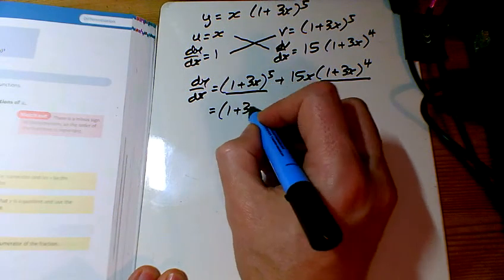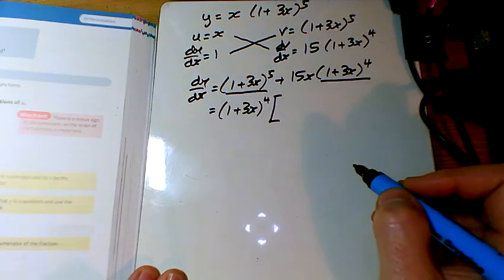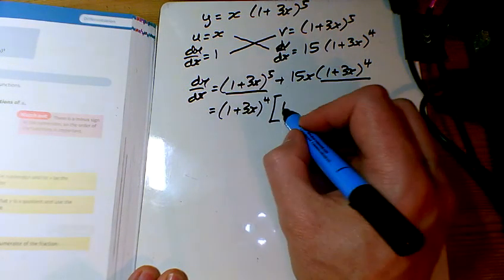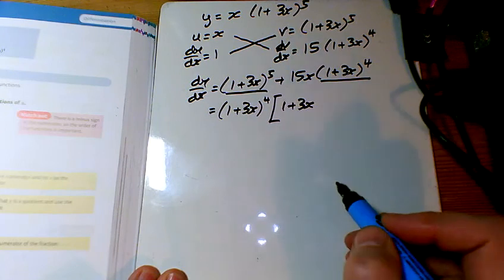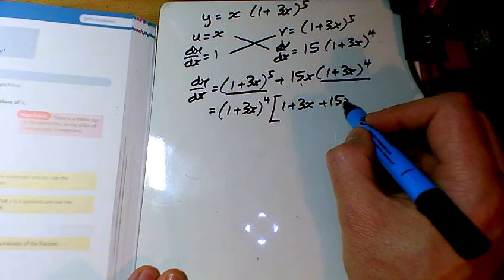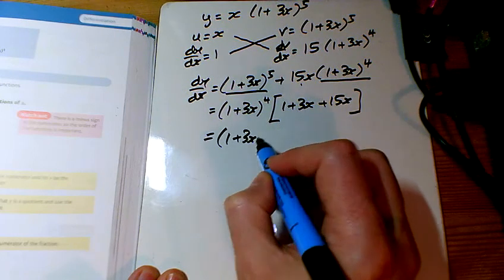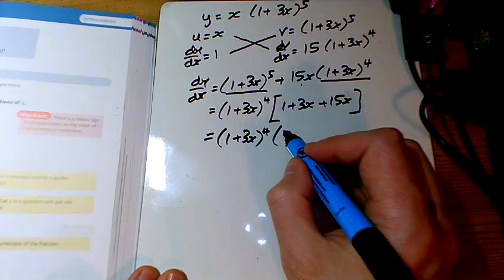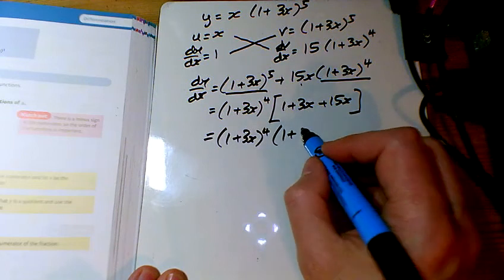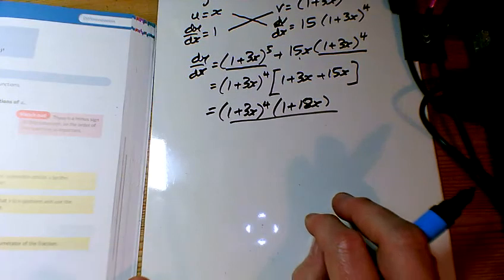And so we get 1 plus 3x all to the power of 4, and what else? Well, from this bit here, there's the extra 1 plus 3x. And from this bit here, there's 15x. And so our answer is 1 plus 3x all to the power of 4 times by 1 plus 18x. There's the answer to the first part.